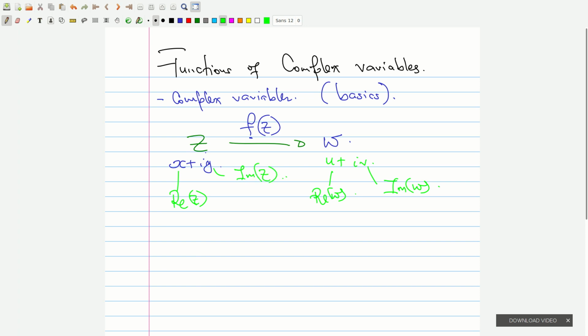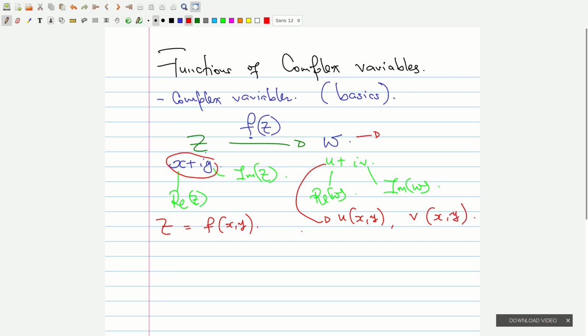So a function is a mapping or a relation which maps a complex number z onto a unique complex number w. What we need to note here is that z is a function of x and y, and so w, which has u and iv, is going to have u, which is also a function of x and y, and v, which will also be a function of x and y.